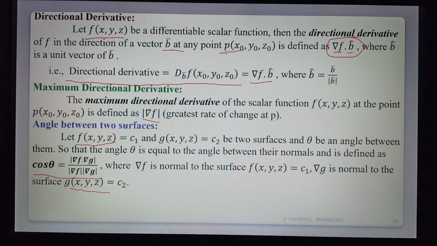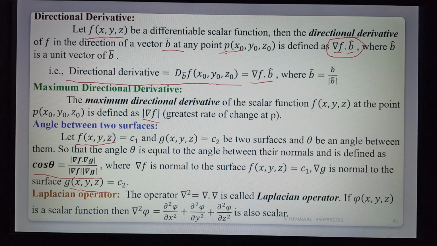Okay? So next one, Laplacian operator. The Laplacian operator is del square. Del square means del dot del, a two-time vector differentiation. Del dot del is equal to del square, called the Laplacian operator. For example, here phi is a scalar function.